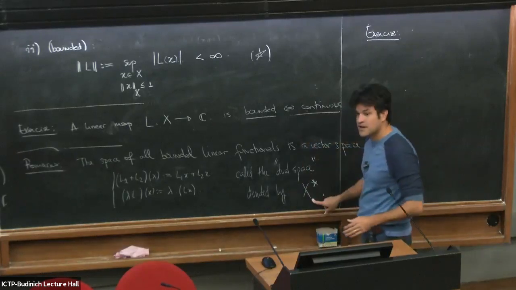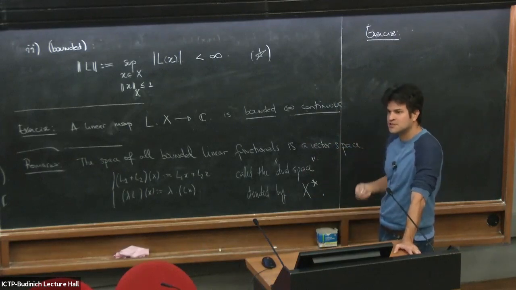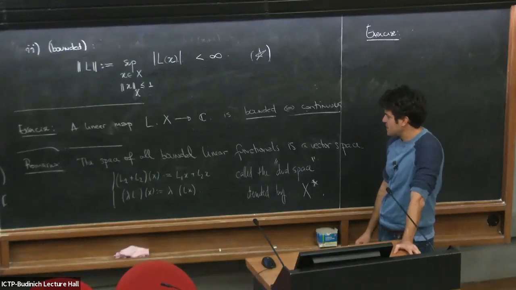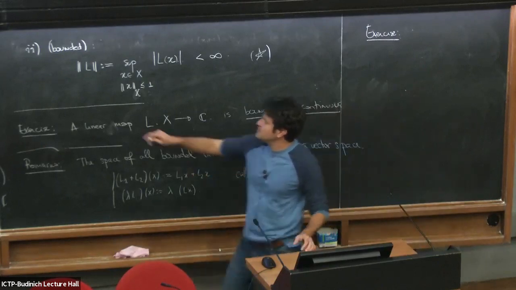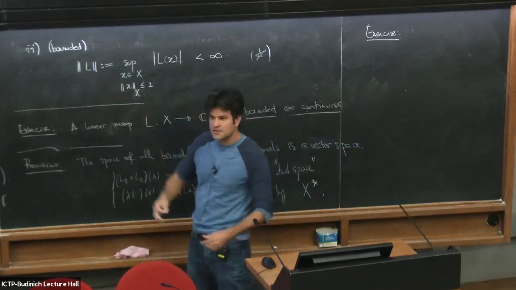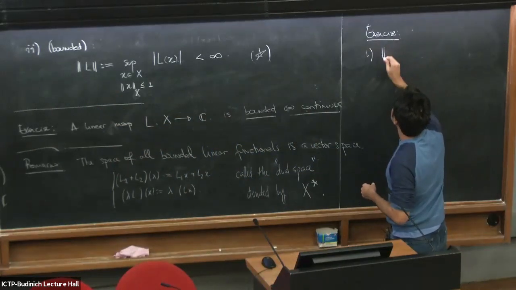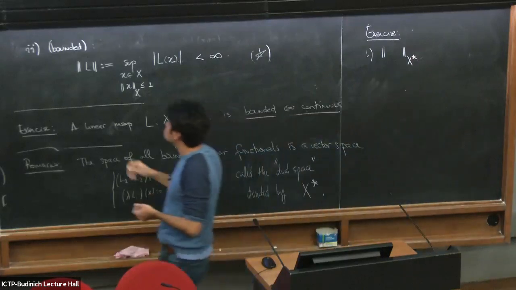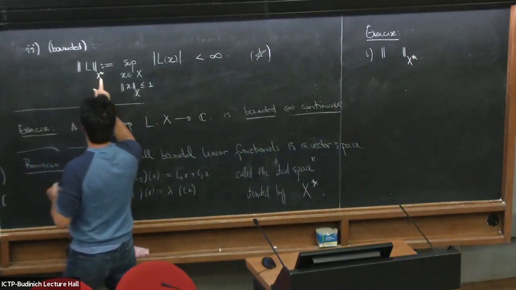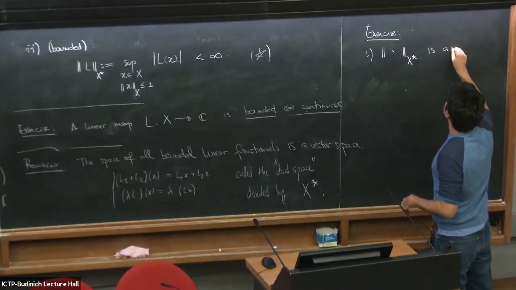So if X is a Banach space, when I write X star, I mean the dual space, the space of bounded linear functionals on X. This is a vector space, and the exercise is to prove that this quantity that you define here is actually a norm. Part one: this quantity, which you may call the norm in the dual space, is a norm.